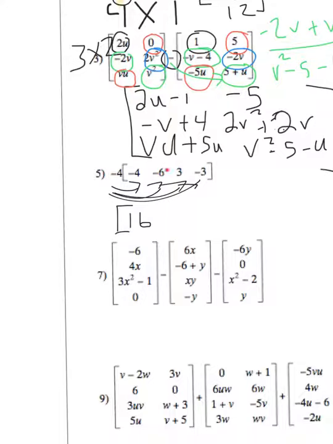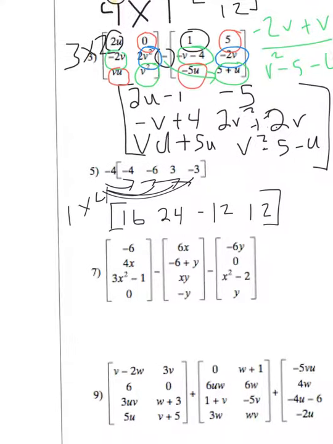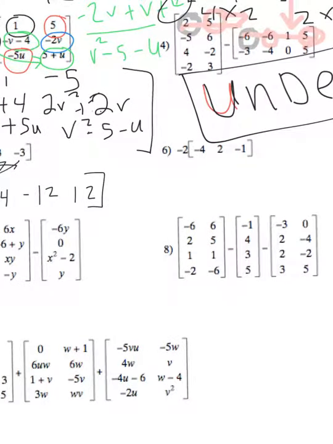Negative 4 times negative 6 is positive 24. Negative 4 times 3 will be negative 12. And negative 4 times negative 3 will be positive 12. And we ended up with a 1 by 4 matrix. That's all. That's called scalar multiplication.